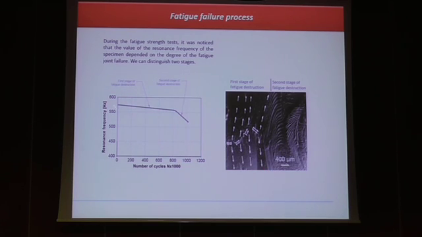It is this first stage of fatigue failure, and in the second, final stage, there was a quick decrease in resonance frequency, and it is this area on the failure surface.